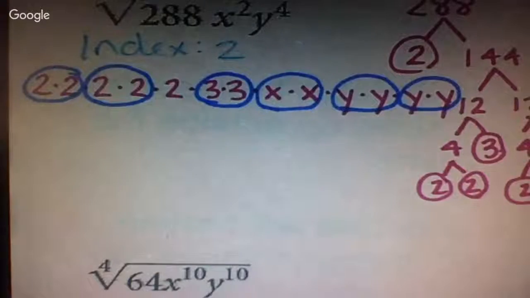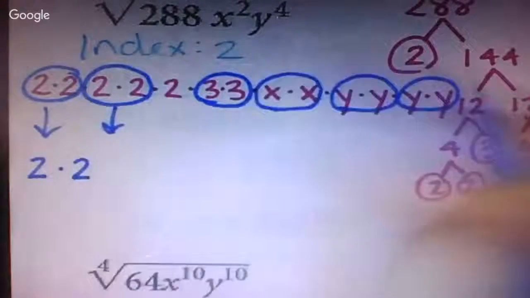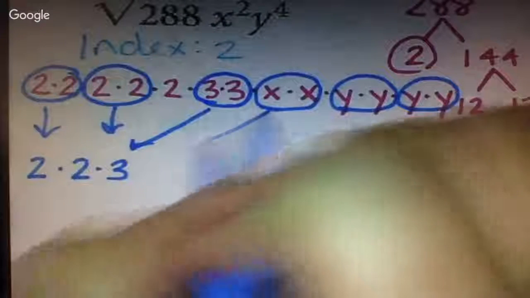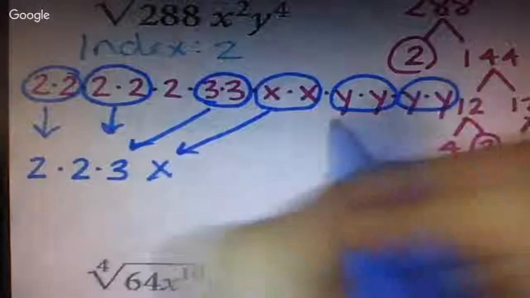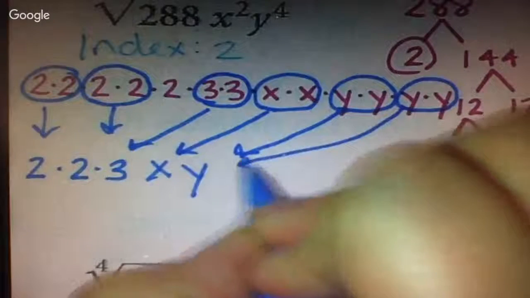Out front becomes 2 and another 2 and a 3 and an x and a y and another y.